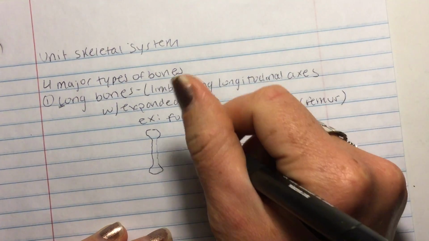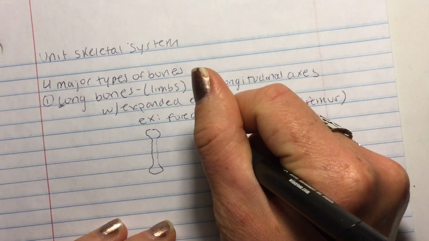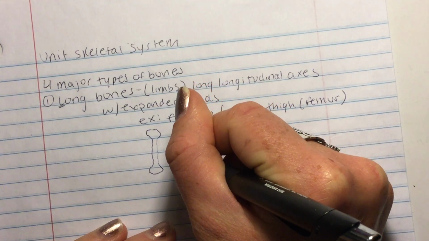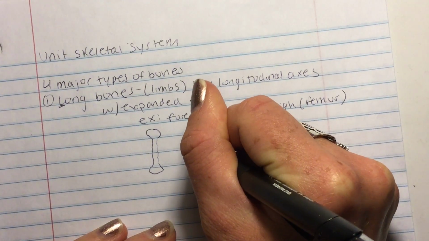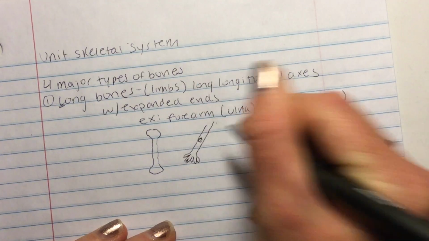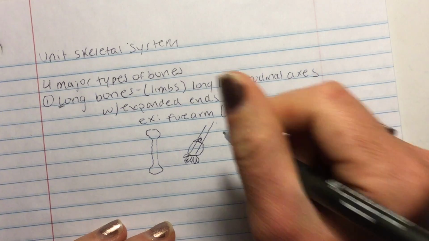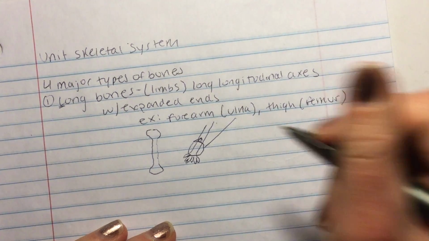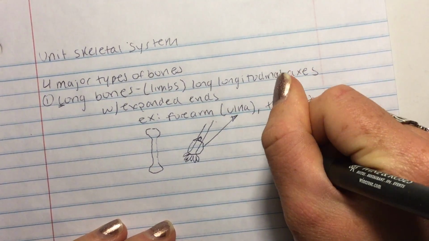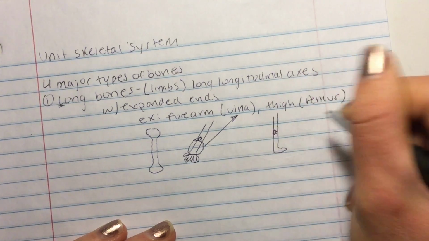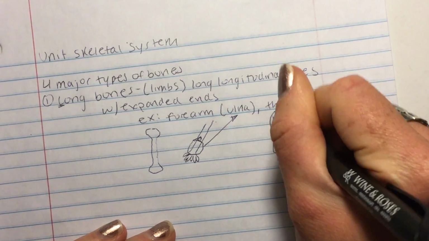Then I'm just going to draw a picture, which you're welcome to draw as well, with a person's arm. I'm going to add a little elbow in and then just circle right here. I'm showing that's where the ulna is. And then I'm also going to draw the leg with the knee and a circle showing where the femur is as well.